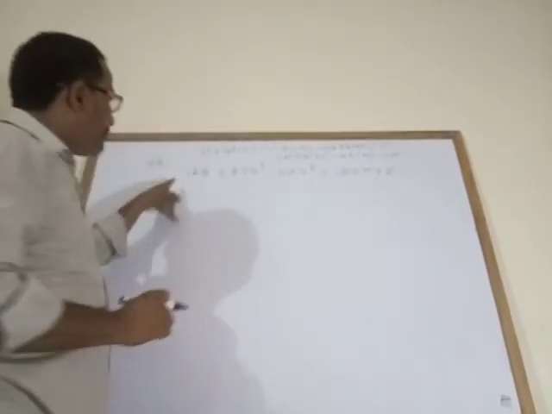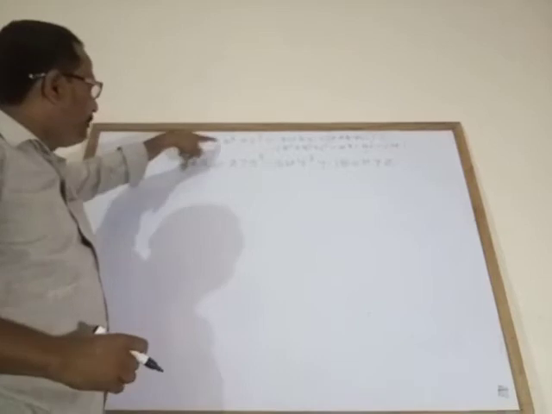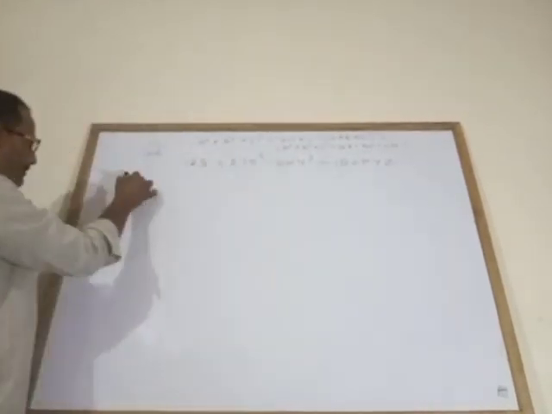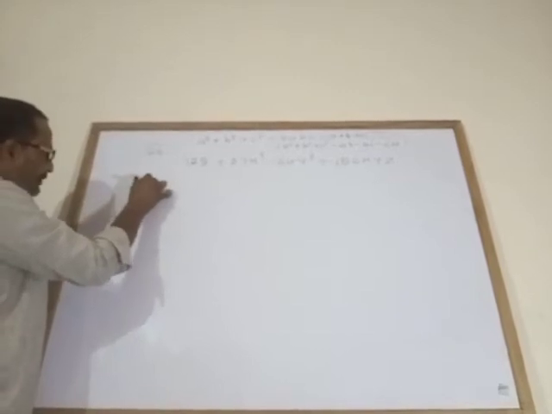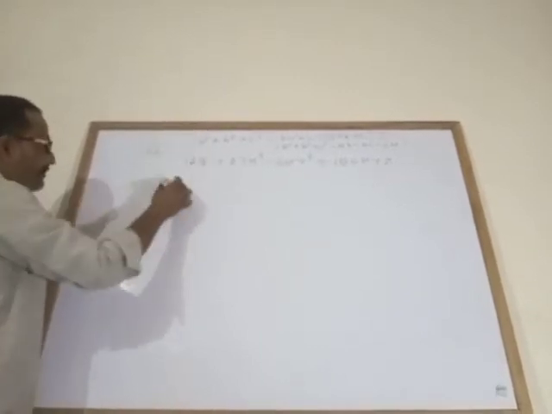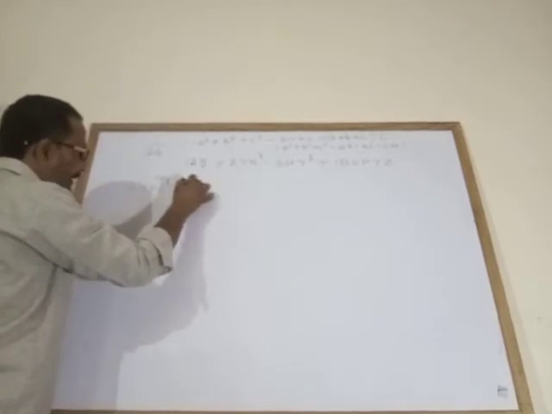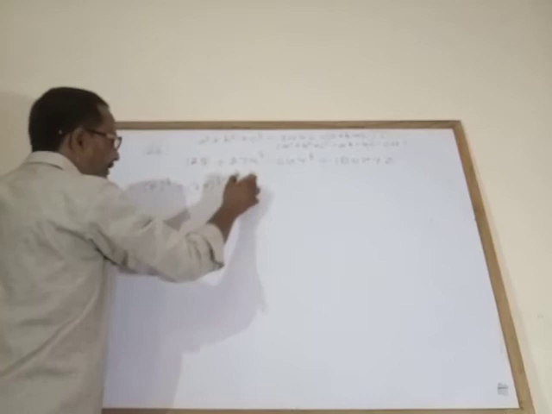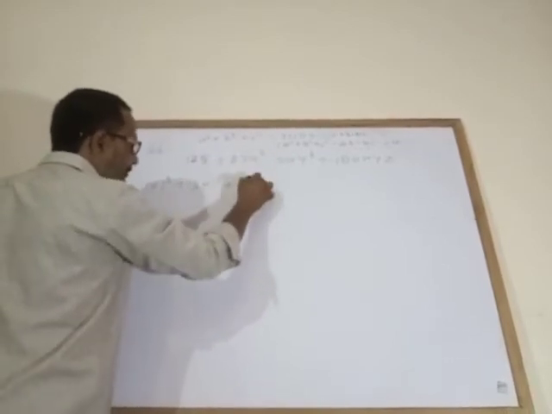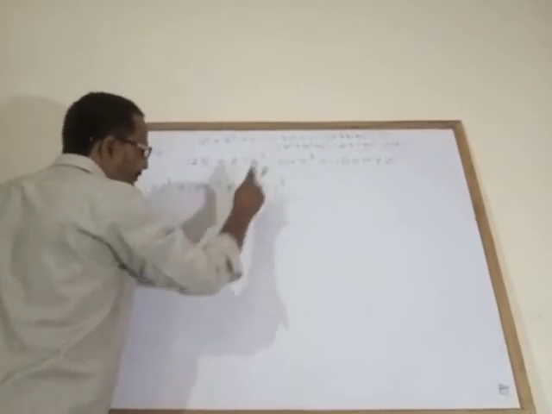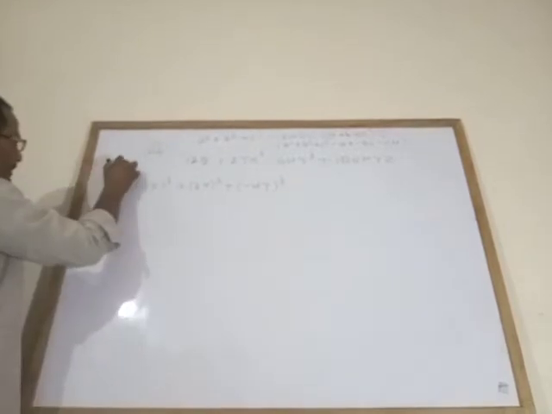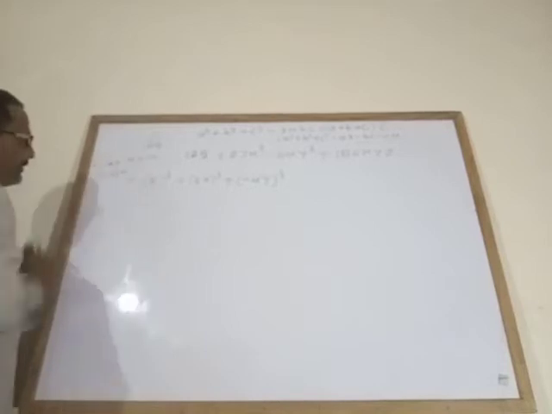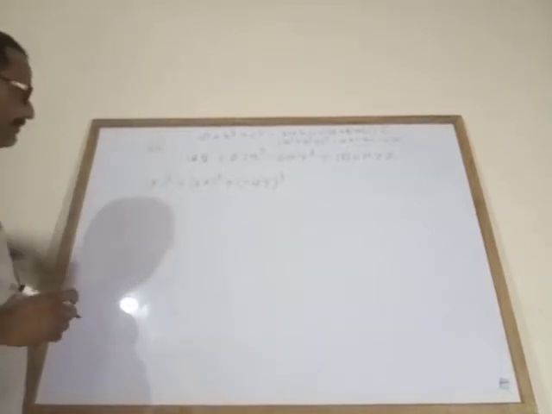So I am going to change this question into the form a³ + b³ + c³ − 3abc. See that this is 5³ as a³, plus (3x)³ as b³, plus (−4y)³, because −4 into −4 into −4 will be −64. So I am going to change this one.